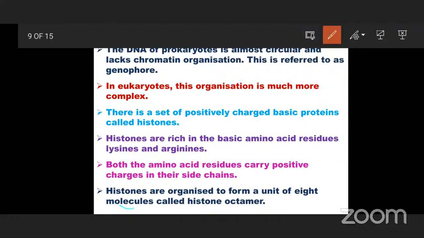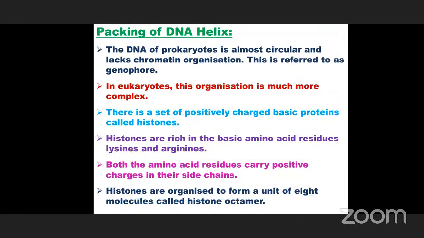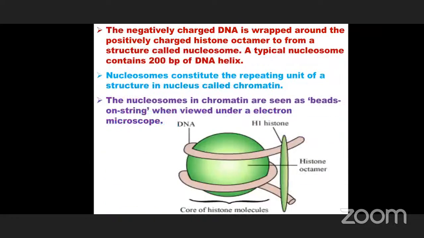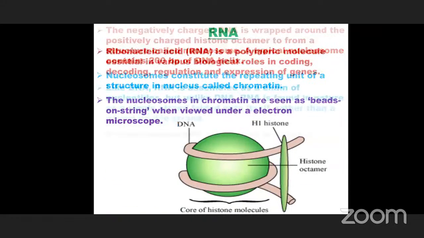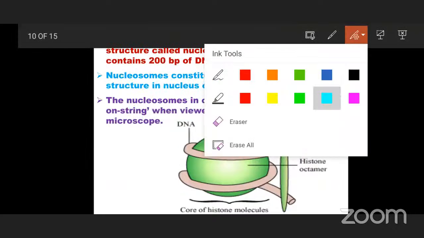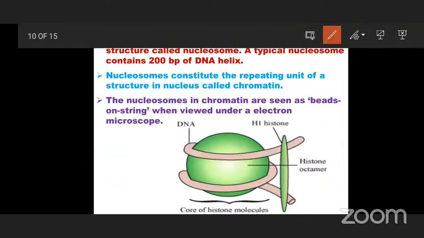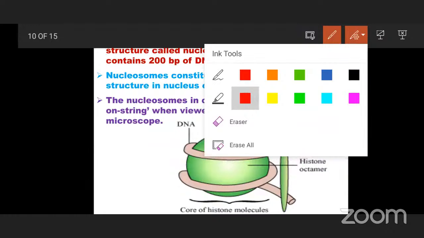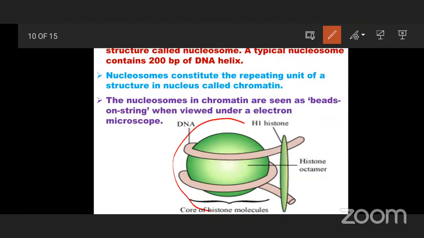And these histones are organized to form a unit of 8 molecules called the histone octamer. So this is the histone octamer.